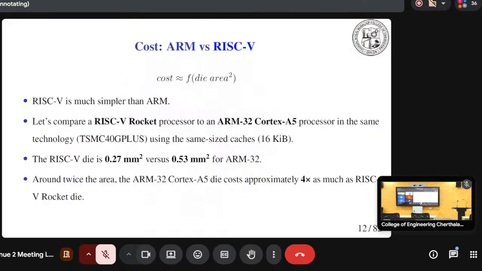So we have almost twice the area. So obviously the cost of fabrication will be increased 4 times. This is one of the problems why all the companies are going for RISC-V open source based architectures.